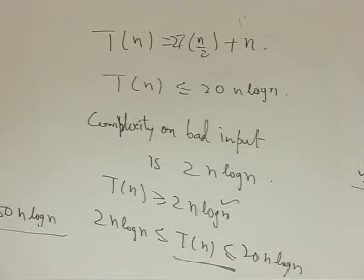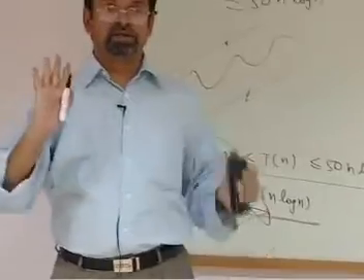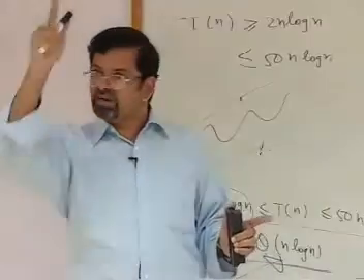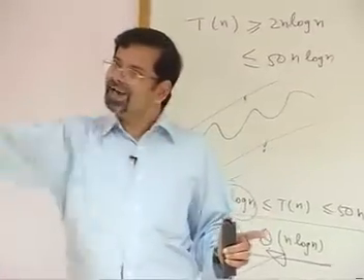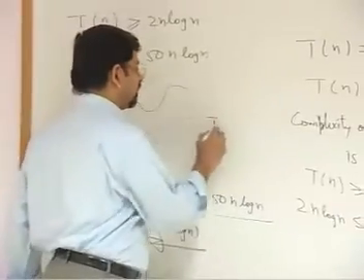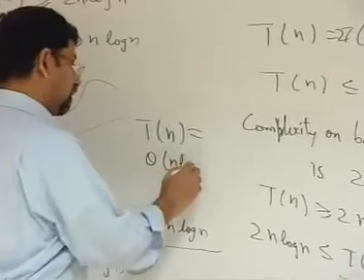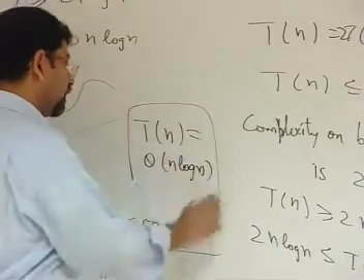Now you have estimated the behavior of the complexity precisely. The growth rate of T(n) and the growth rate of n log n will be identical. So you say that T(n) is Θ(n log n). They have identical growth rate.